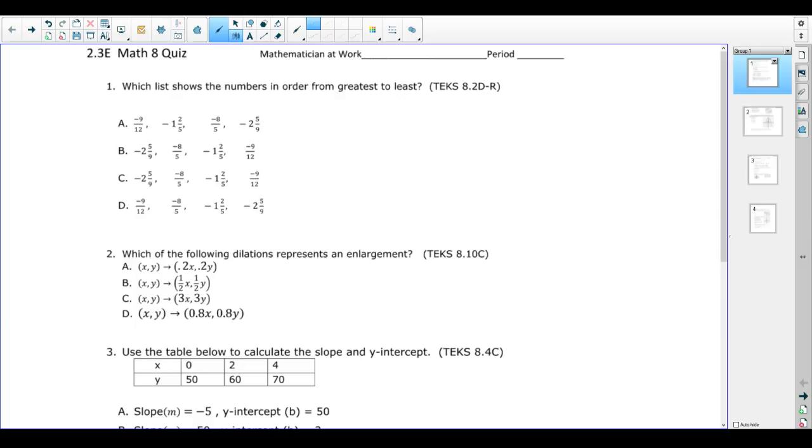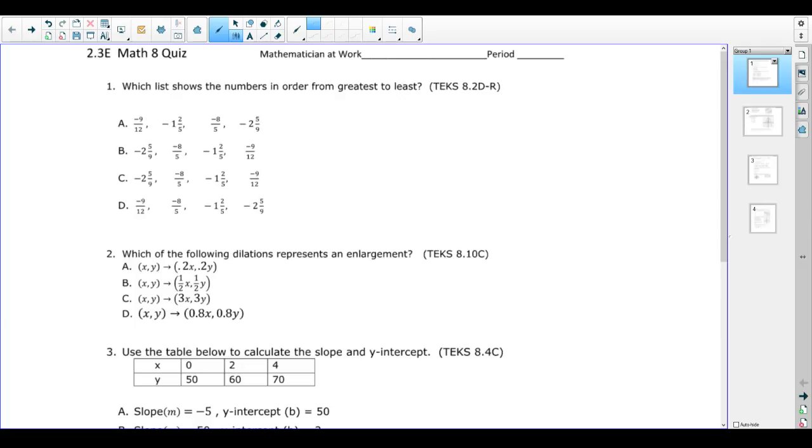Whoa, there it is. And then I won't save my edits when I make them. 2.3 E math 8. It is live. Let's call this 1022. Get it done. Alright, saving. Alright, let's go. Excuse me.